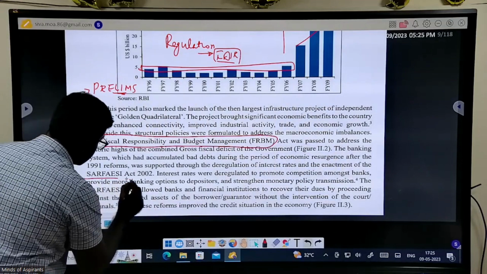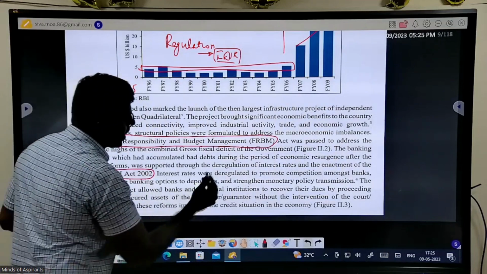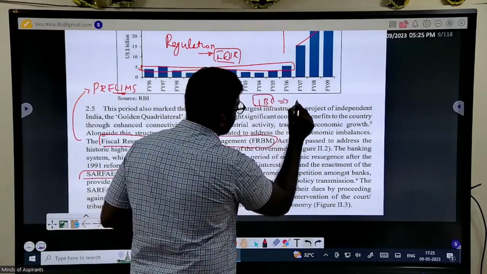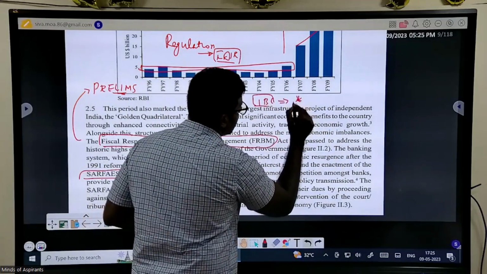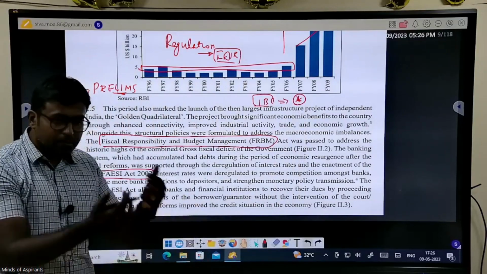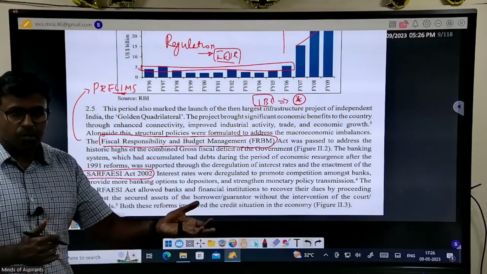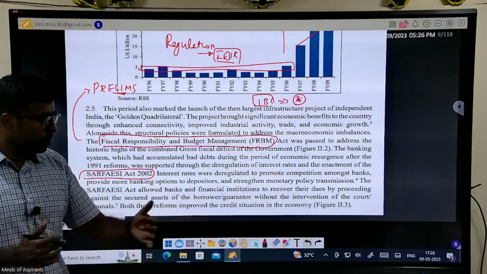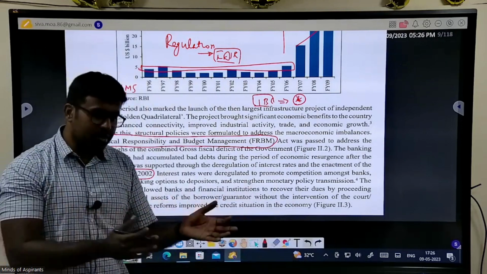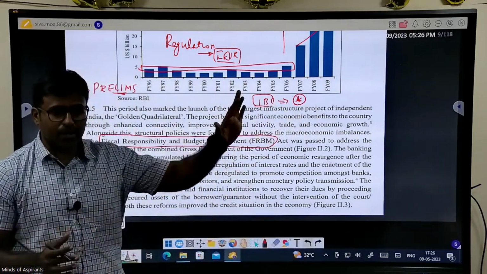One other thing is the SARFAESI Act. You need not know it now because the Insolvency and Bankruptcy Code is there. That is, you invest money, and you have to get back that money if you are not making profit out of that venture. The person investing will not stay in that for very long. That person will say, "I am shutting down and leaving, you take care of it."